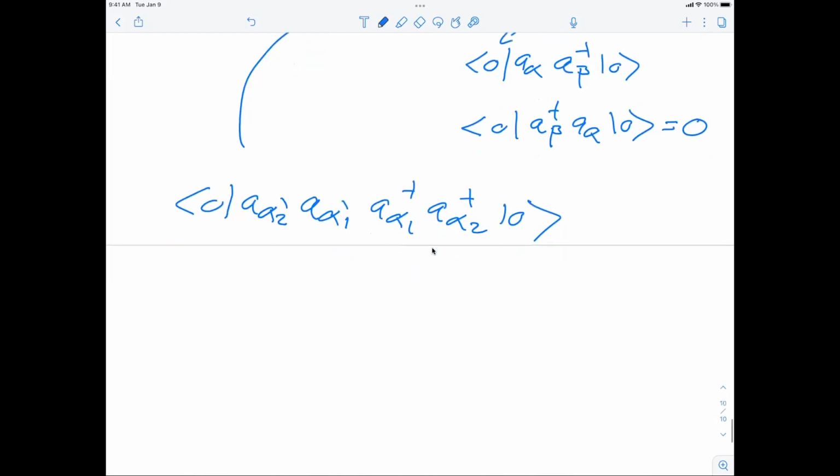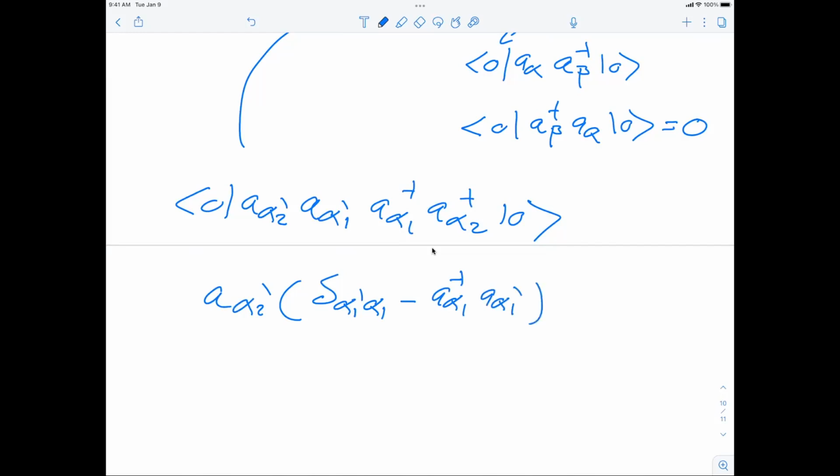And now I'm just going to leave out the zeros, and I'm just going to look at the operators themselves. So what I could do now is to interchange alpha 1 prime and alpha 1. So I would then keep it like this. And now I'm using the anti-commutation rule. So there's a Kronecker delta minus A alpha 1 dagger, and then A alpha 1 prime.